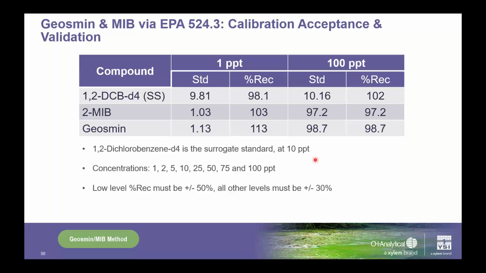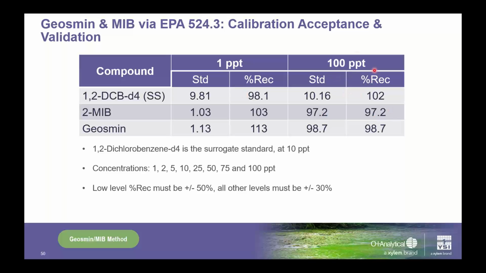Now, something about this method that is unique is that it makes you recalculate every single point of your calibration curve to meet a % recovery criteria. So on the lowest point, which in our case was 1 part per trillion, you have to have plus or minus 50% recovery.